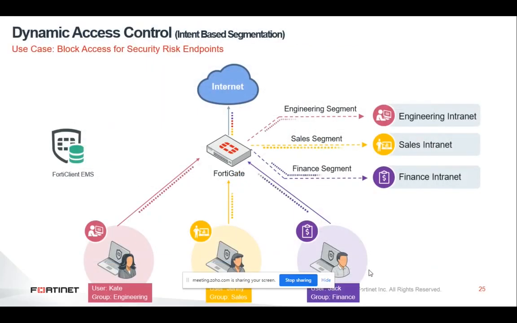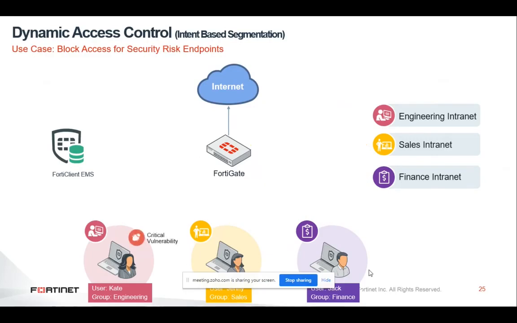Here are some examples of using tags for dynamic access control. So in the first example, each user was tagged based on the AD group. The FortiGate uses those tags to grant each user access to the respective subnet as well as the internet.